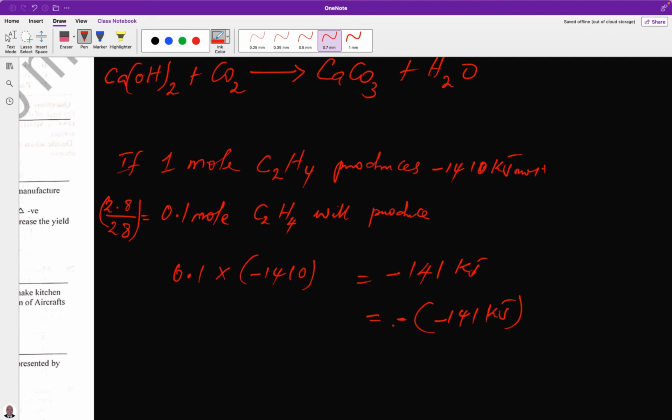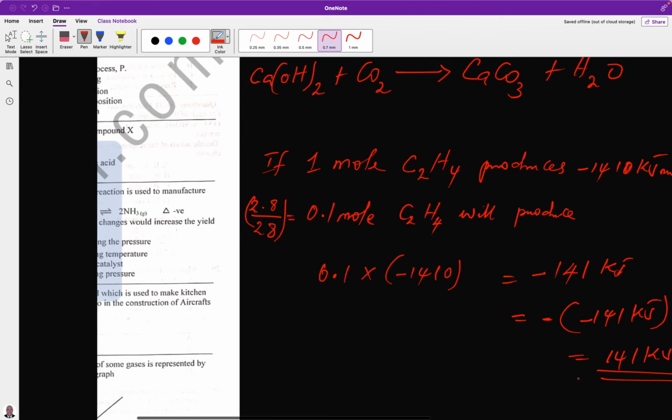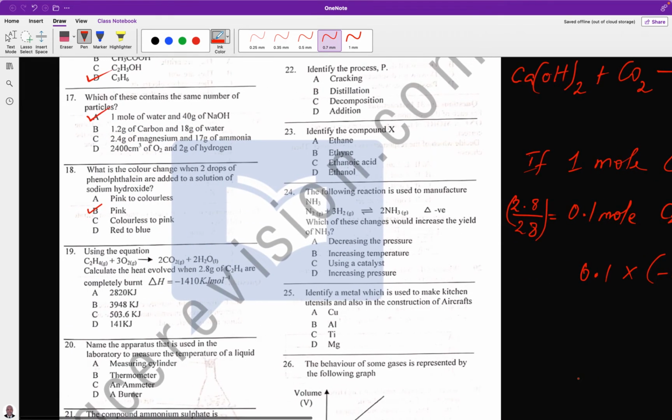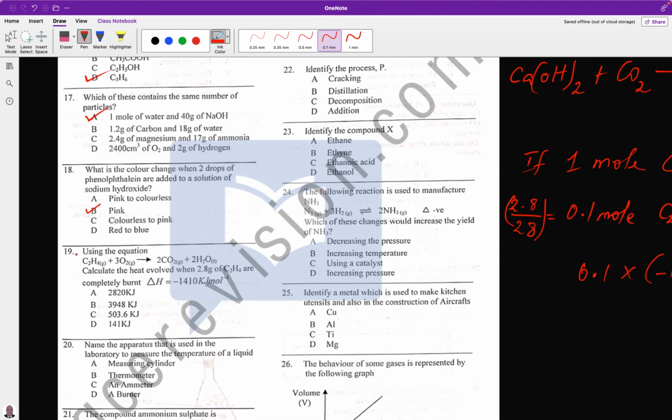Our answer now will be 141 kilojoules. We go now to our answer column, and coming here, question number 19, yes, D is the right answer for us.